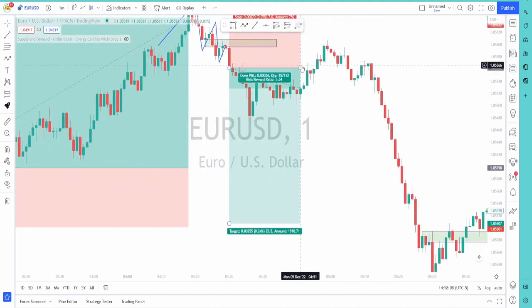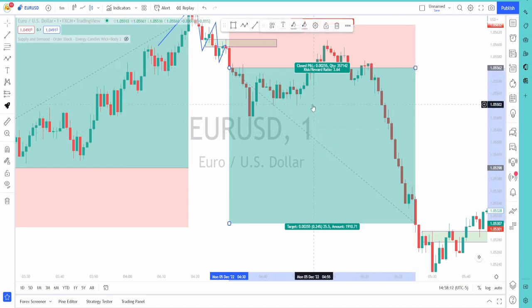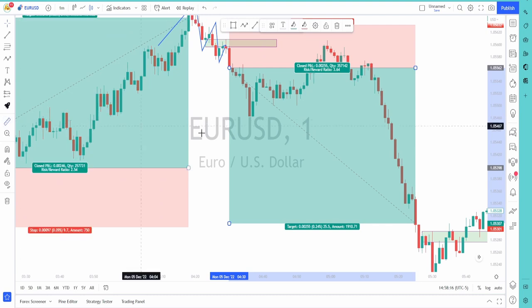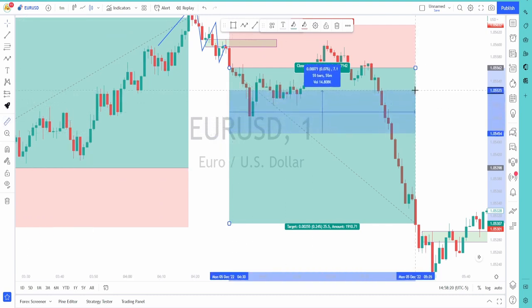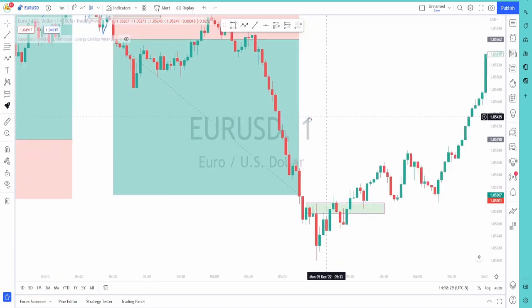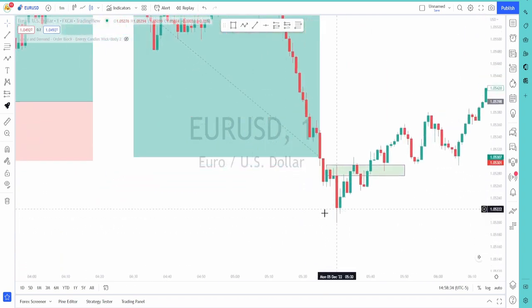And if we go across here, you can see how that played out. A risk to reward of 3.64. And this trade was a 55-minute trade, so less than an hour. Price finally reaches a point, so it's taking out some liquidity here.